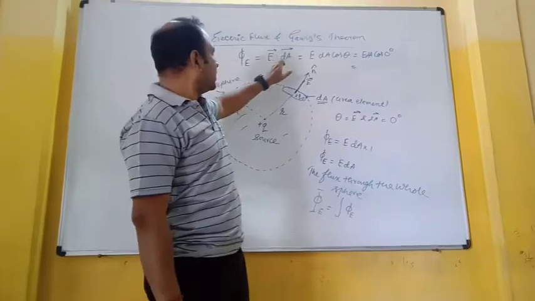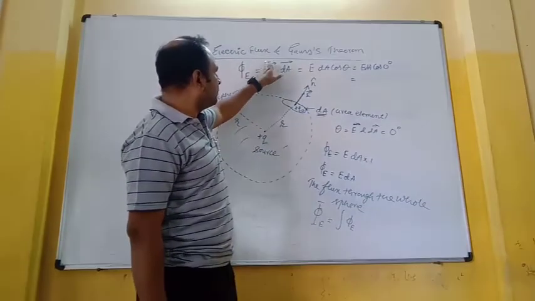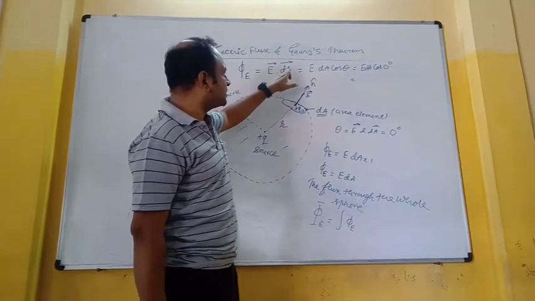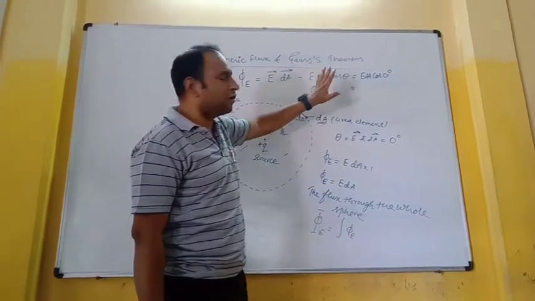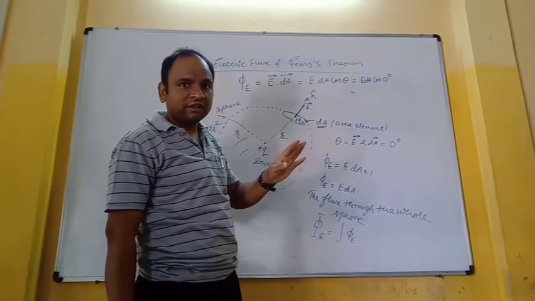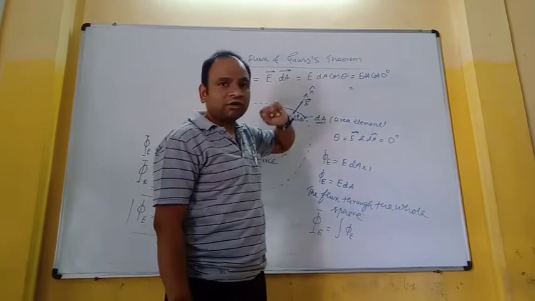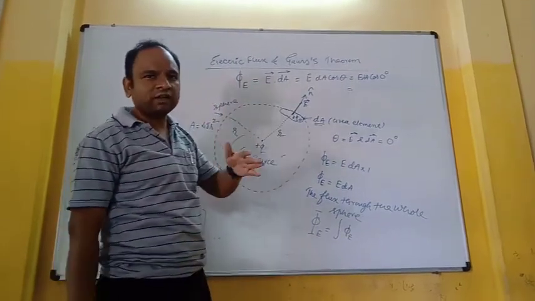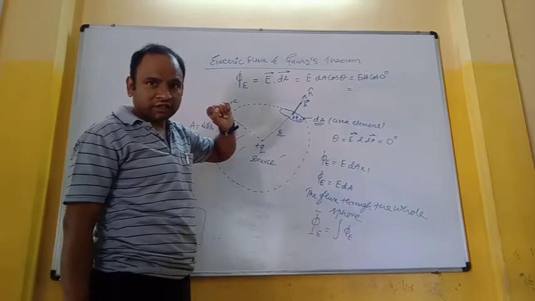So I am repeating, electric flux is the measure of the number of field lines passing through an area, and that area should be kept normal to the electric field. E into dA into cos theta is the mathematical formula for calculating the electric flux through a given surface.